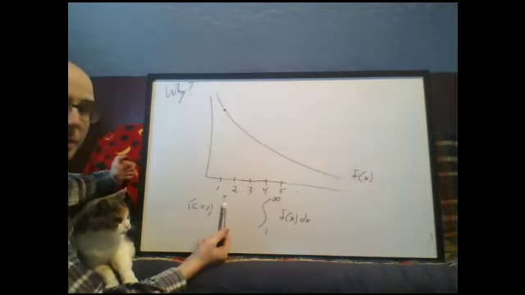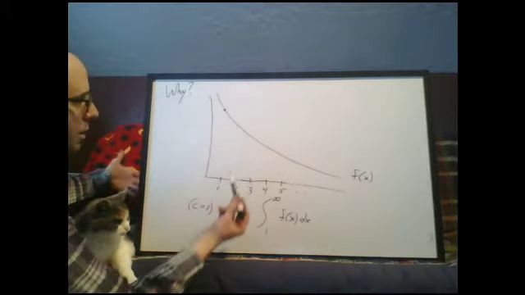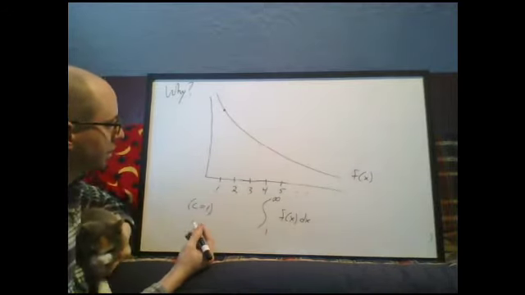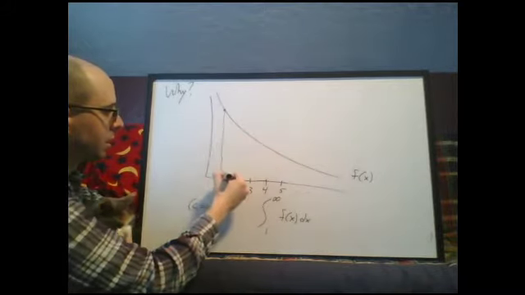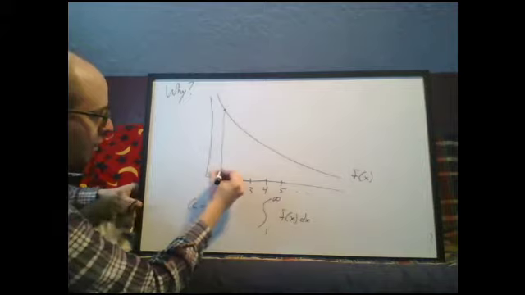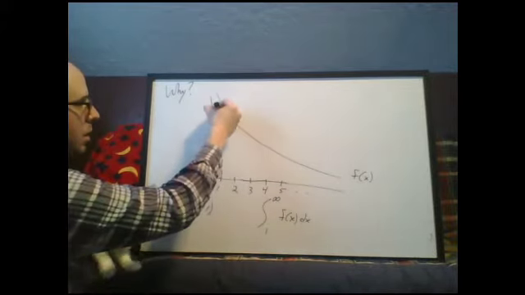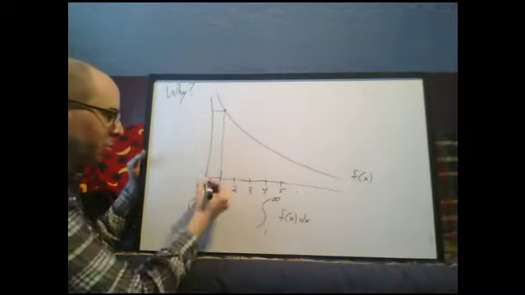Now, to give it a geometric interpretation, I need to make an area out of it. So let's make a rectangle that meets the curve. With that, it has a width 1.